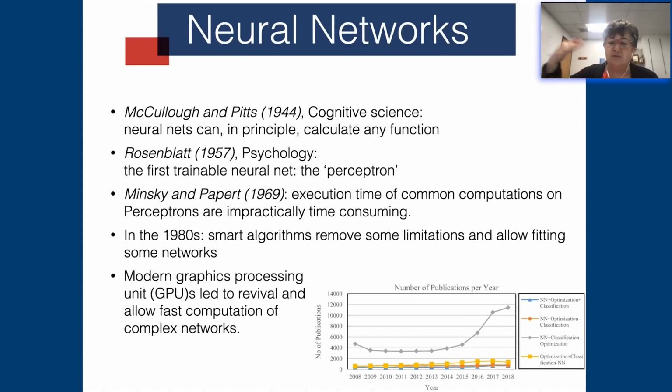So there's a huge recent growth in the number of publications and the research that's happening in neural networks. And that is all due to the modern graphics processing units, so GPUs, that allow us to actually fit complicated networks on just regular computers, and high-end clusters allow us to fit much more complex neural networks.